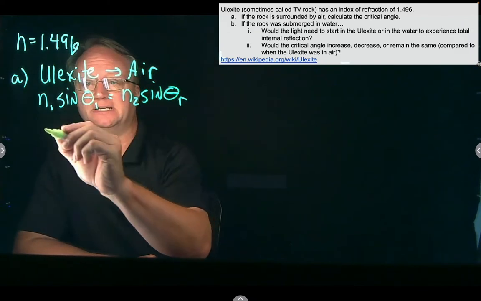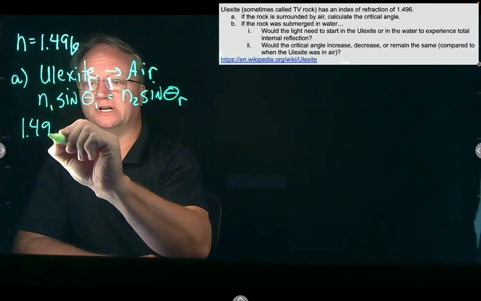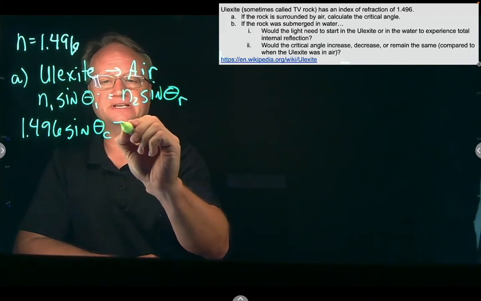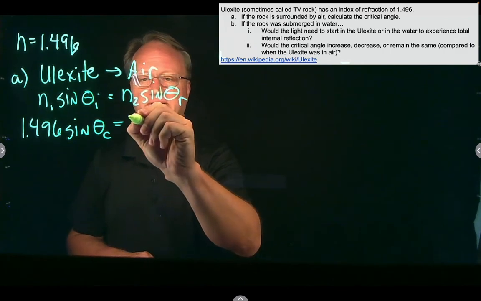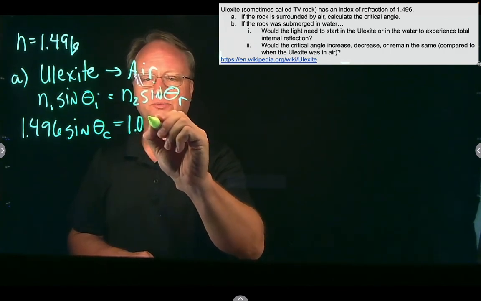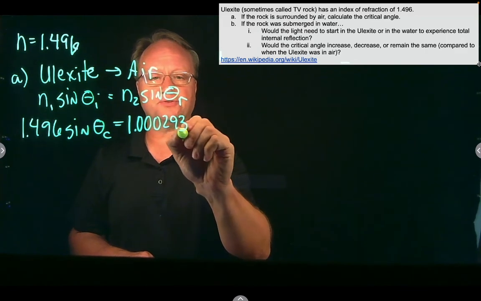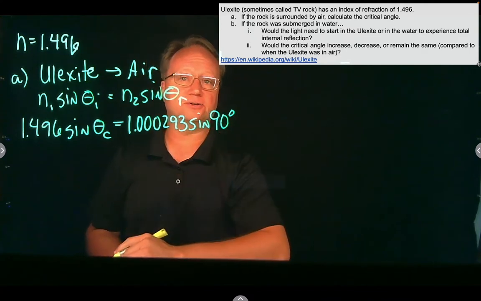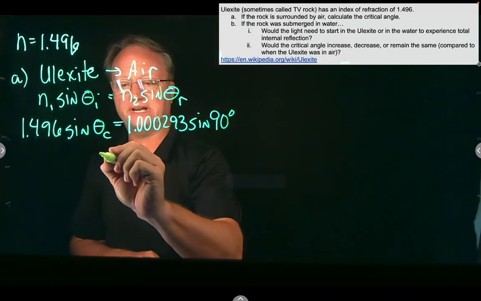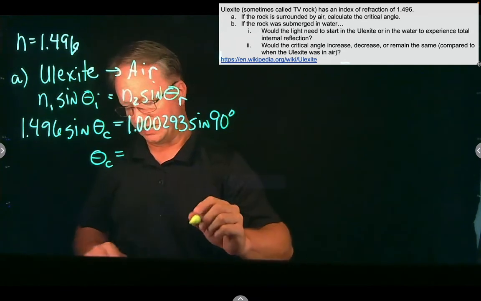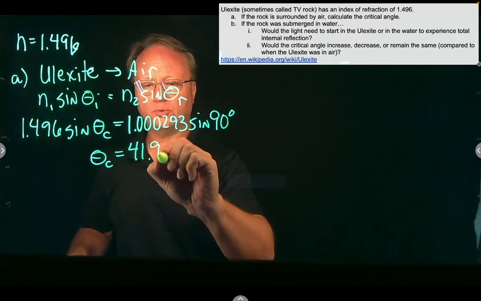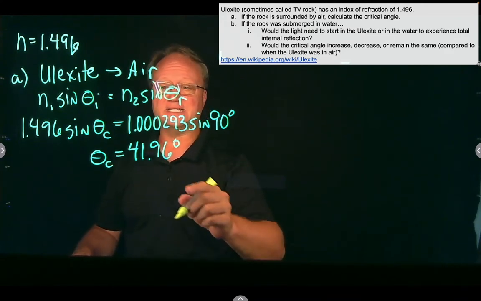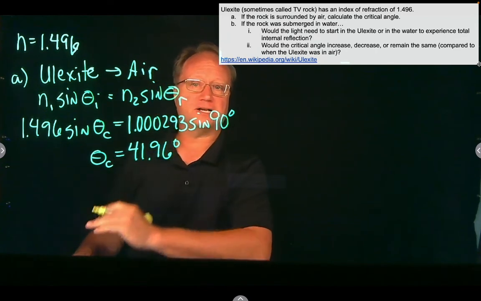So when we plug in, this would be 1.496 sine of this incident angle, which becomes theta C. n2 would be air, that's a constant index of refraction, 1.000293, and sine of 90 degrees is 1. When we solve for theta C, we get a value of 41.96 degrees, which means if the light is incident at this angle, we get a refraction of 90 degrees.